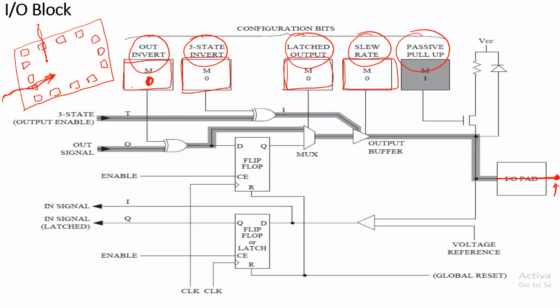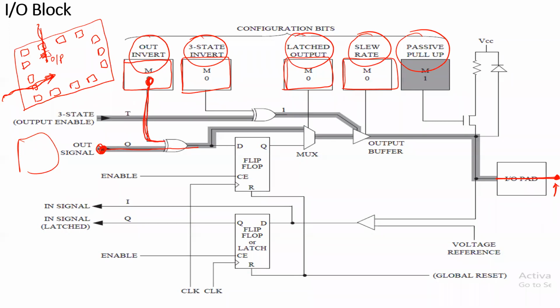Then whatever output signal is generated within this FPGA, here we have the original output. This output must go to this pad by using this IO block. This output can go to the output side, provided that it has to be enabled. With this enable input only, it will go.